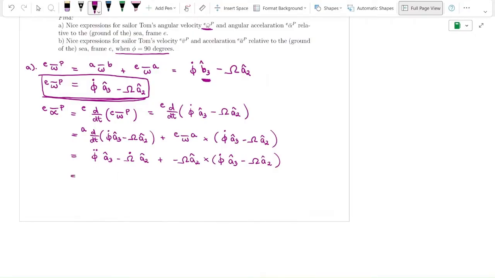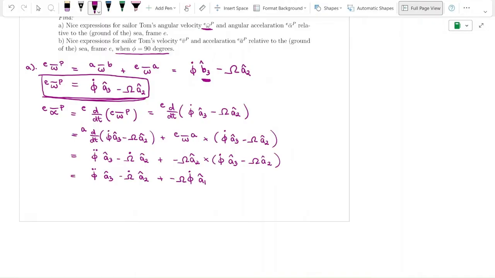Okay, so then I can write this as phi double dot a3 hat minus omega dot a2 hat plus, for the cross product, omega phi dot, so a2 cross a3 is going to be a1, but there's a negative, so there's a negative sign here.